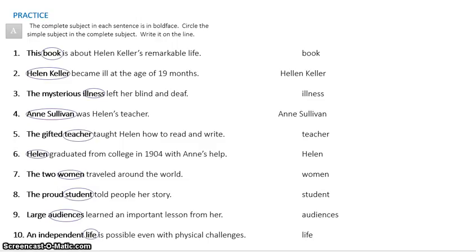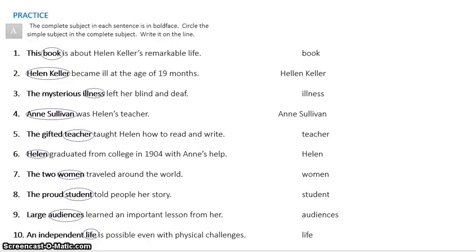So I should have circled life and written it on the line. Now you have to be very careful when you're doing this, because you want to make sure you're not just circling the last word in the complete subject, because it doesn't always work that way. So let's go back up to number 1 for just a minute. If I were to say, this book that was on the shelf is about Helen Keller's remarkable life.